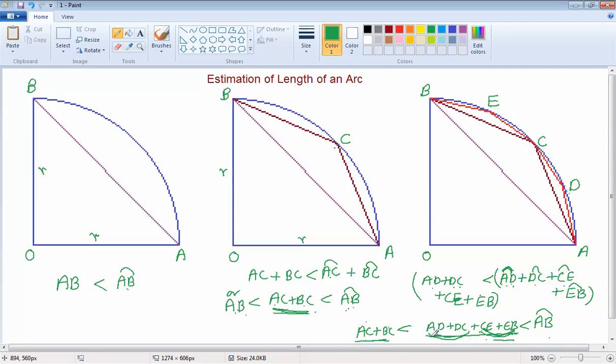Then we come to the sum of the four straight distances AD, DC, CE, and EB. This sum is still less than the arc length AB, but it is more than the previous sum of the two distances. So we are getting a better and better result for the arc length in this way.